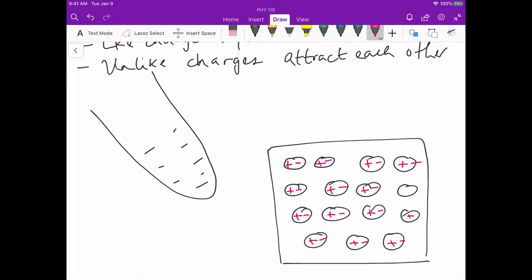Then they create some kind of polarization, you may call it, they will be polarized. Now all the positives are on one side. And then there will be some kind of attraction between them, an attractive force being developed in here.